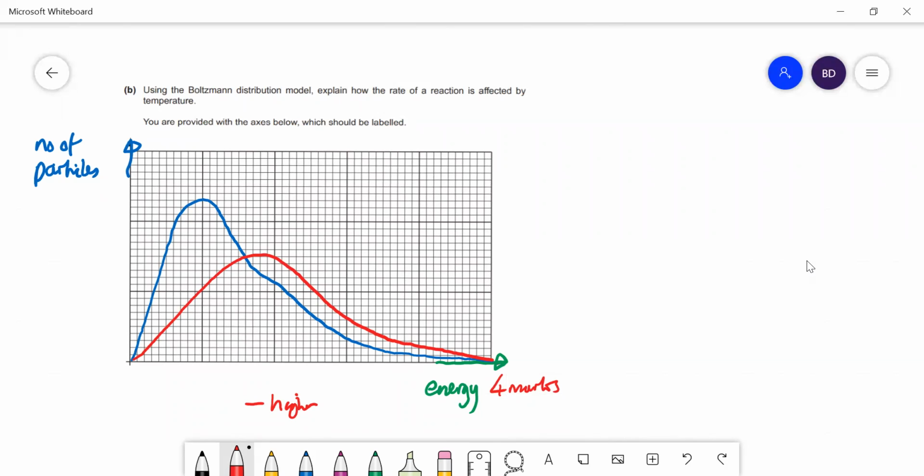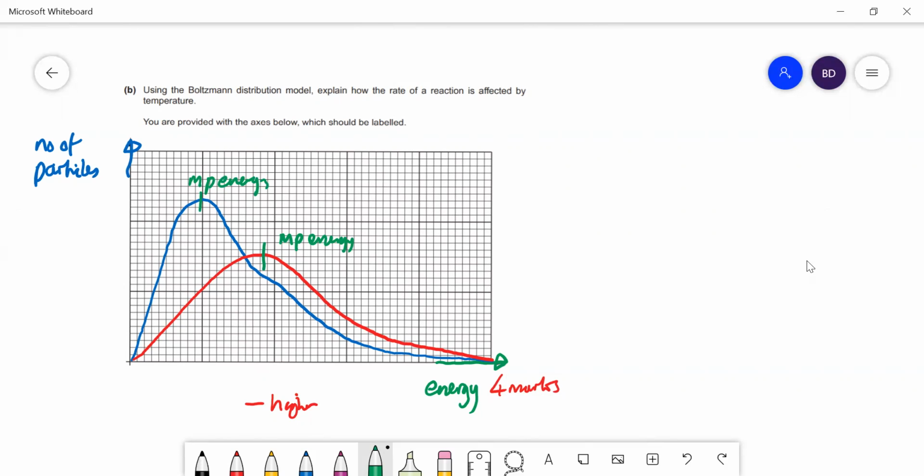Now there are a couple of points to note here that you should put in your answer. At the higher temperature, the most probable energy of the molecules is there. And at the lower temperature, the most probable energy is lower. So I'd say that.